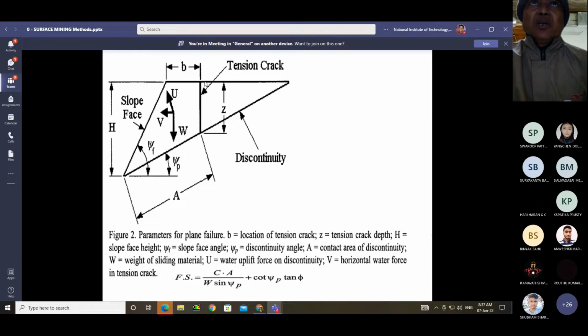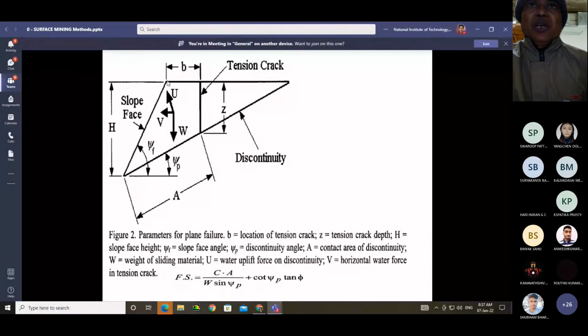The height of the tension crack is capital Z, and this small b is the location of the tension crack from the crest of the bench. This is the slope face, and capital H is the height of the bench.